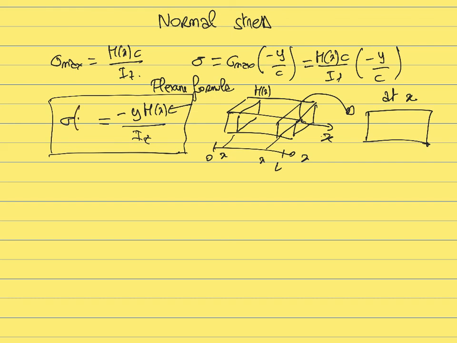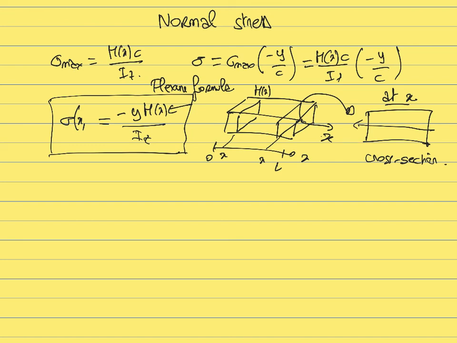So necessarily the stress will depend on x. Once you have the internal moment at the position x, you then need to look at the cross section at the position x, and at the shape of this cross section. We have the neutral surface here, which is for y equals 0.